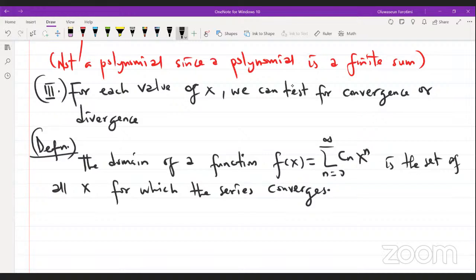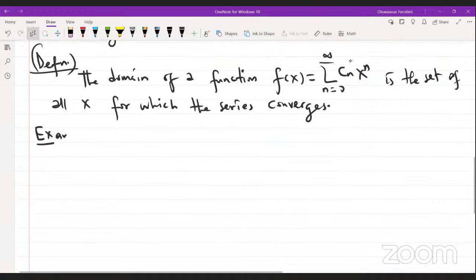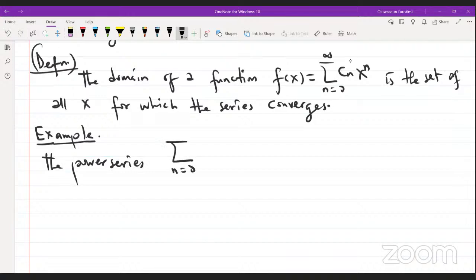Now, let's see this very simple example. The power series from 0 to infinity of Cn x^n, where C is a constant. Let me fix the constant, okay? Suppose the constant is fixed.